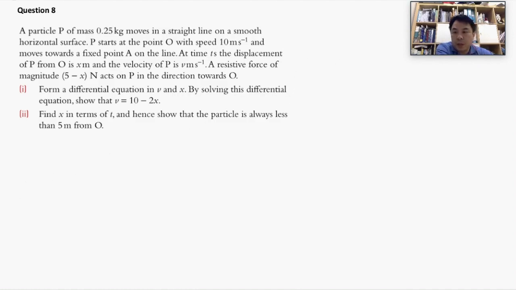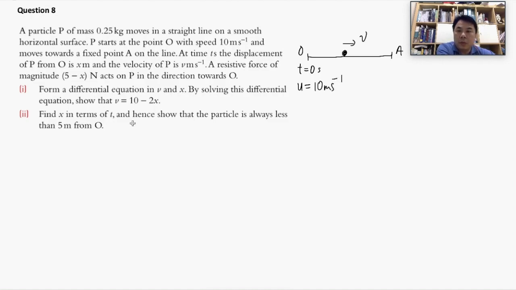Okay, cool. So let's try to illustrate the mechanics of this. We have O here, we have A. The particle is moving towards a fixed point A. Its velocity is v. At time t equal to 0 seconds, its initial velocity was 10 meters per second.